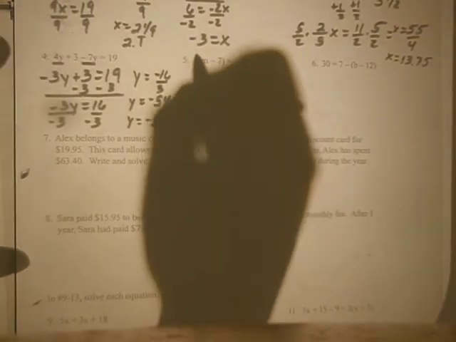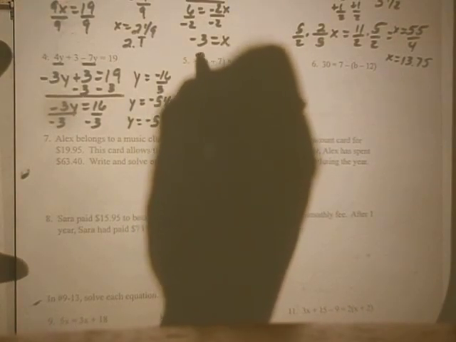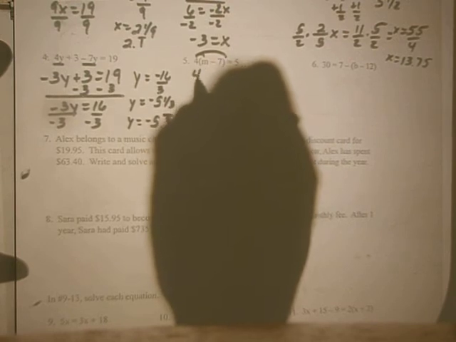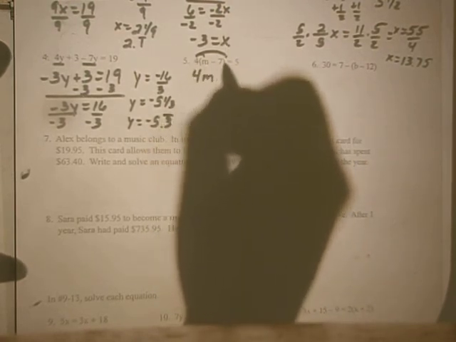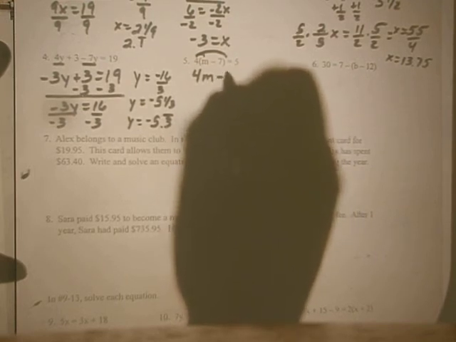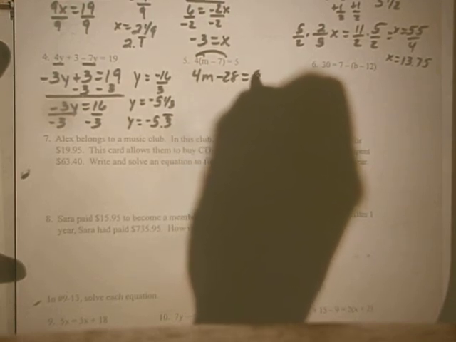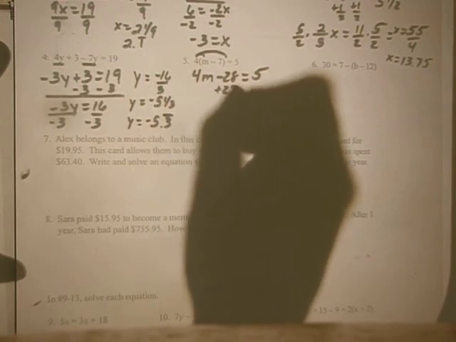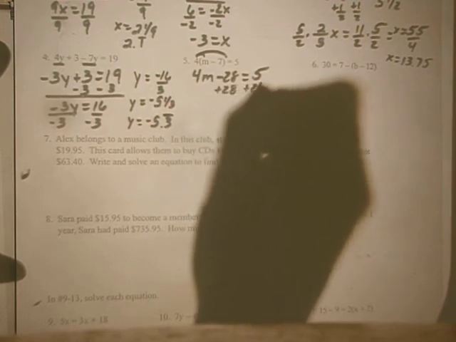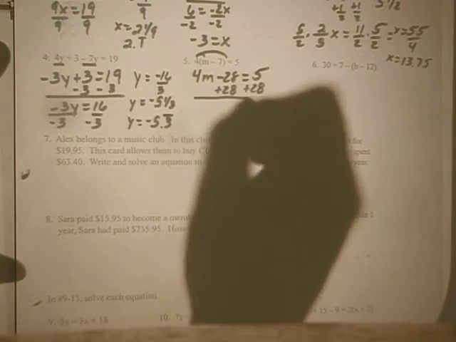Number 5, we need to distribute that 4. That becomes 4m. Then we need to do the 4 times negative 7, which is 28, equals 5. To solve this, we are going to add 28 to both sides.